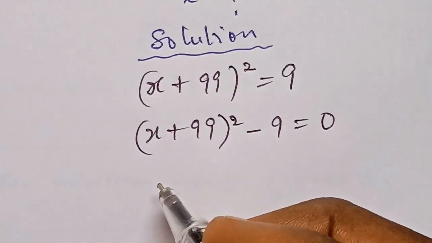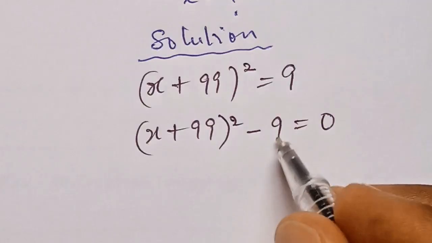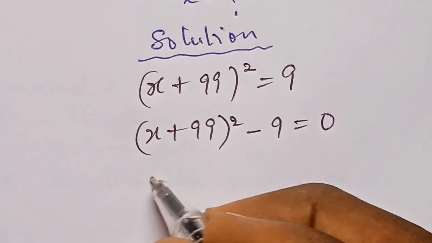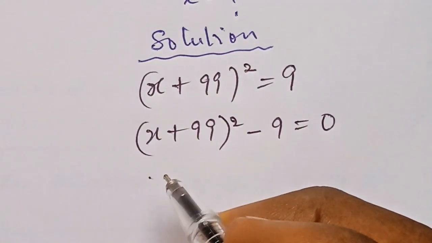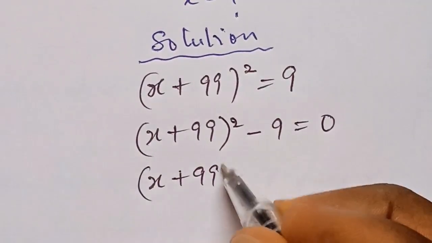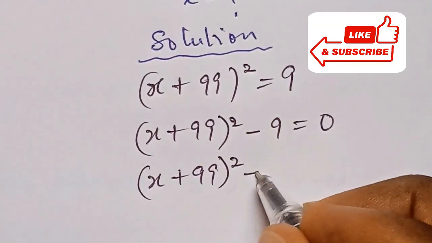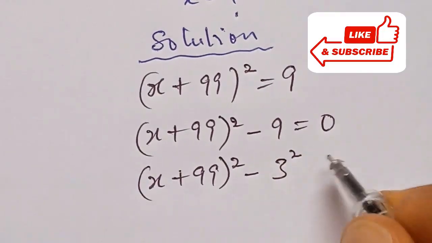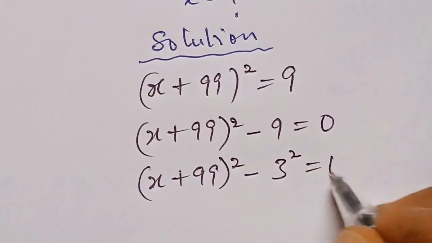The next thing we need to do here is to simplify this 9 as 3 to the power of 2. So (x + 99) to the power of 2 minus 3 to the power of 2 equal to 0.